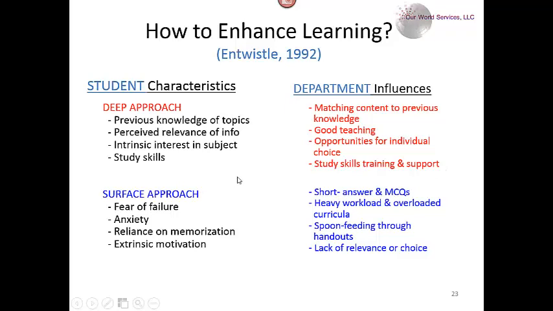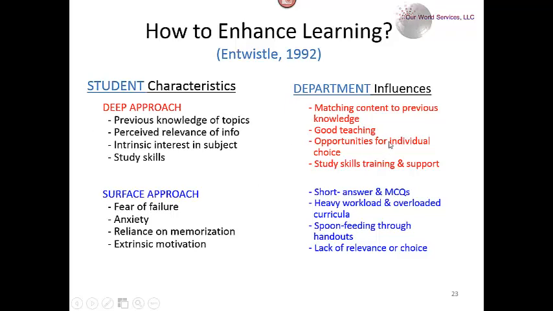If you just want surface learning, you allow the student to have fear of failure, anxiety, reliance on memorization, or external motivation. From the department, the thing that supports surface learning is short answer and multiple choice questions. You can have heavy workload and overloaded curriculum. You spoon feed through handouts and you have a lack of relevance or choice.